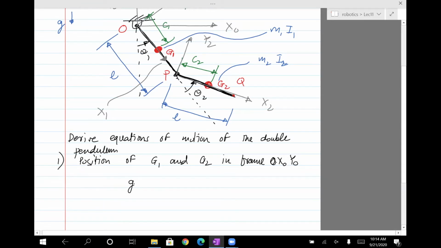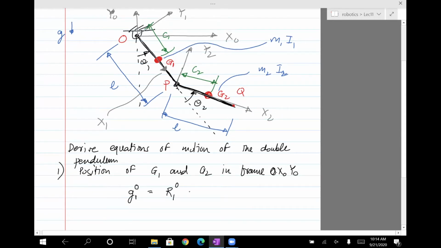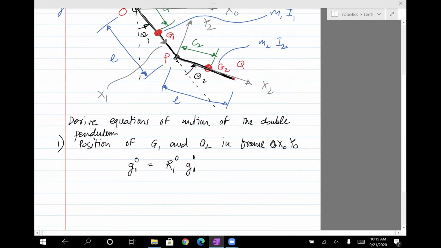Here we want position of G1 in frame 0, and that will be related to the rotation matrix associated with frame 1 with respect to frame 0 times the position of G1 in frame 1. Okay, so let's write that down. The left hand side is simply xG1, yG1 in frame 0.